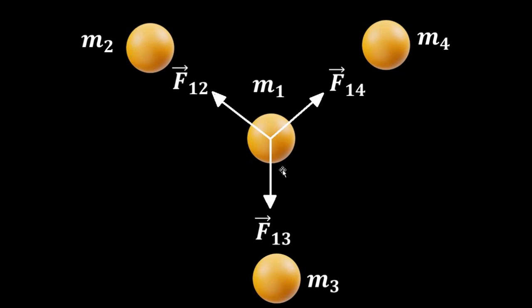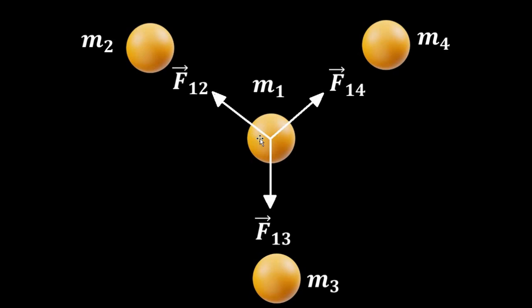We want to calculate the net gravitational force acting on m1 because of these three surrounding bodies. Now here m1 and m2 constitute a pair, m1 and m3 constitute a pair, m1 and m4 constitute a pair. So there will be a gravitational force of attraction between m1 and m2, between m1 and m3, and between m1 and m4.